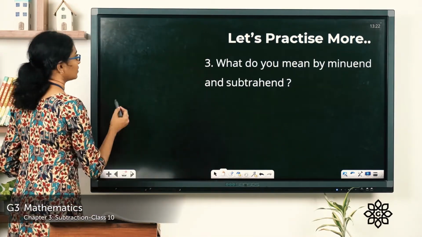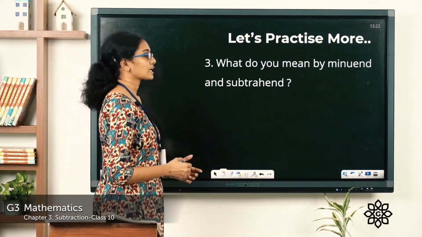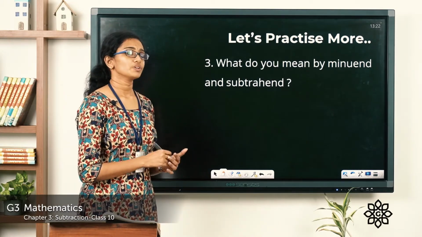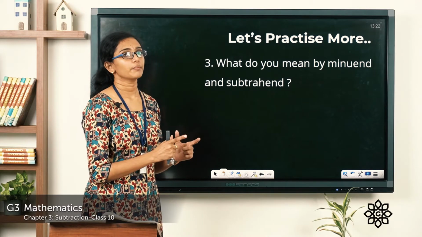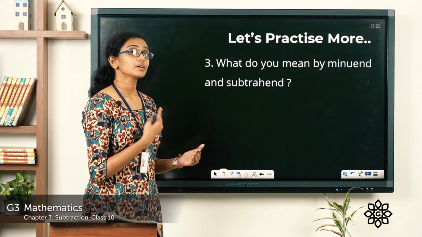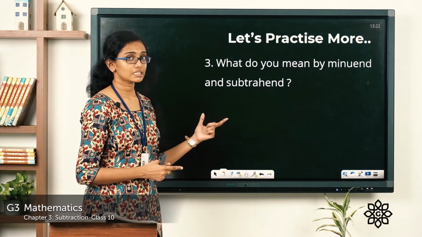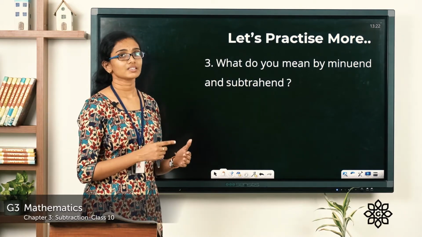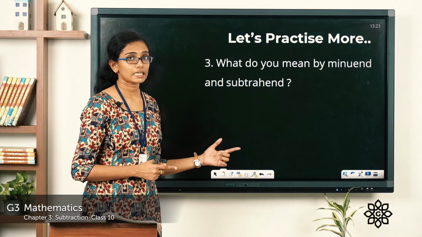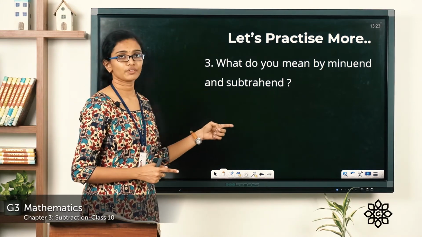Now, what do you mean by minuend and subtrahend? When you are subtracting two numbers, you will have a greater number and a smaller number, right? The bigger number in the subtraction is called the minuend, and the smaller number that you are subtracting from the greater number is called the subtrahend. Clear?